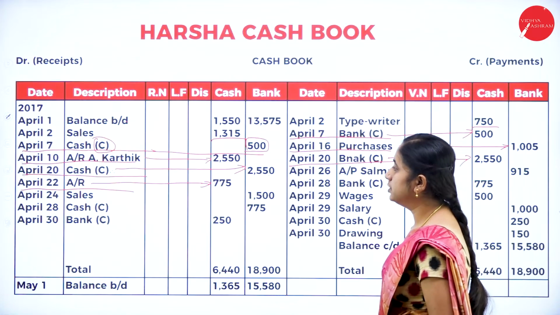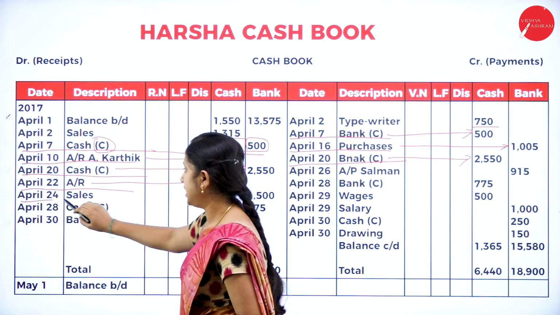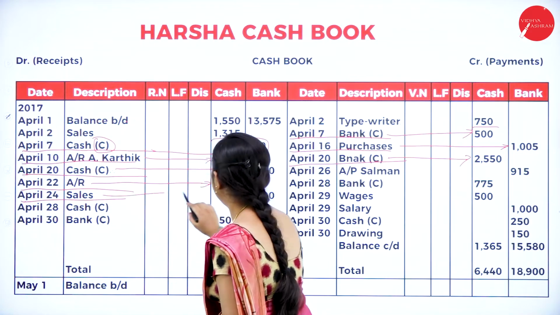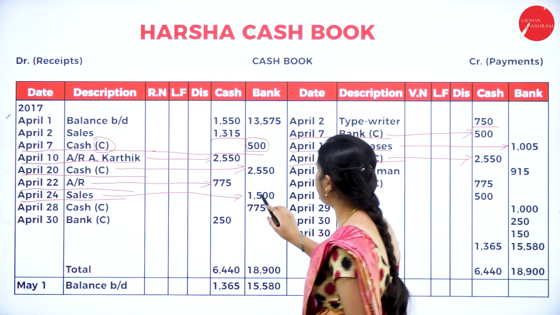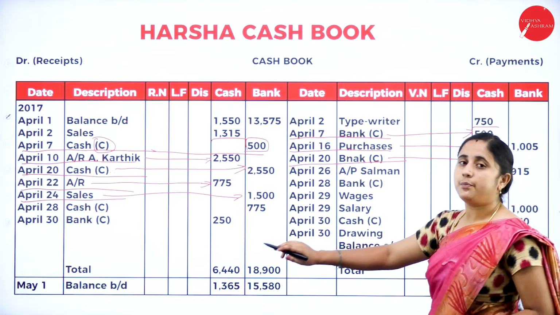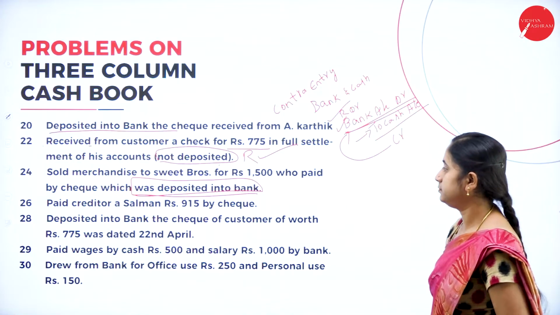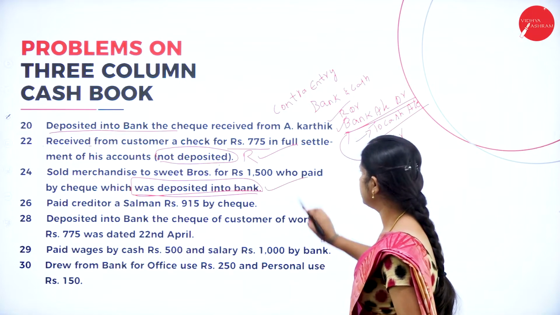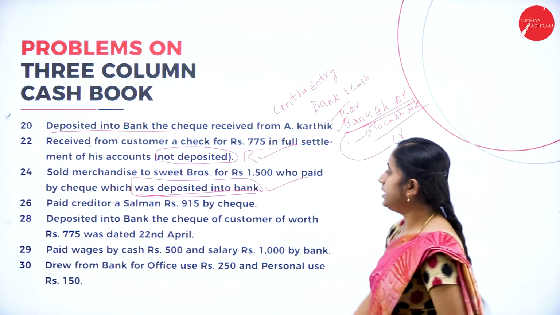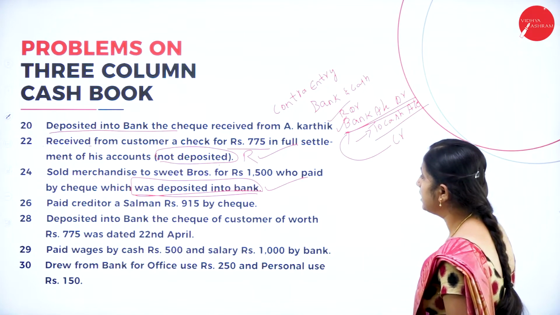April 24th, sales: you made a sale and the check is deposited into bank, so the amount should be written in the bank column, 1500. If it is not deposited, the amount should be written in the cash column. So this transaction is finished. Then paid creditor Salman rupees 915 by check.